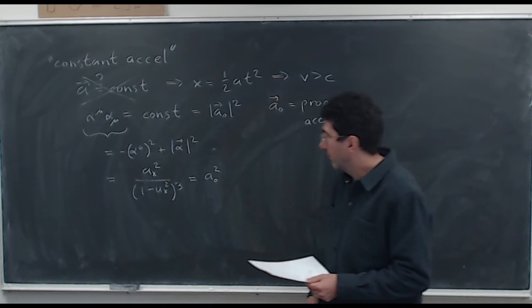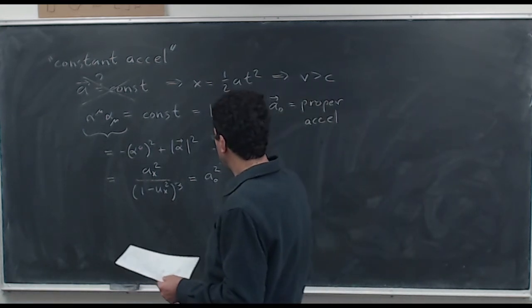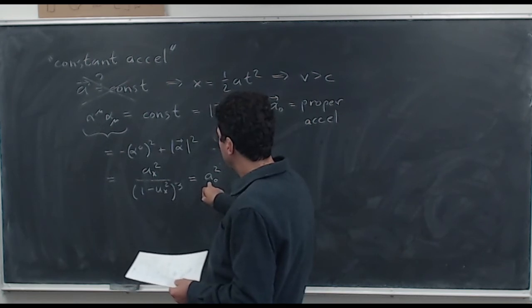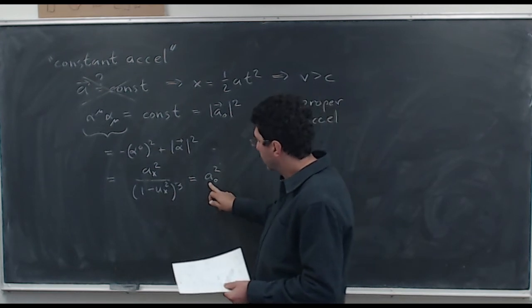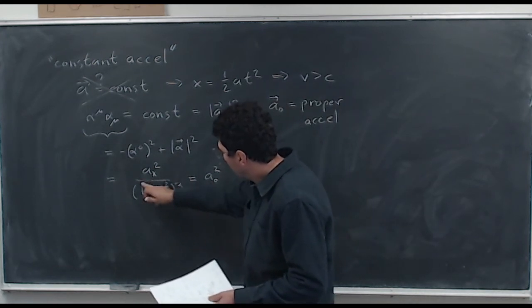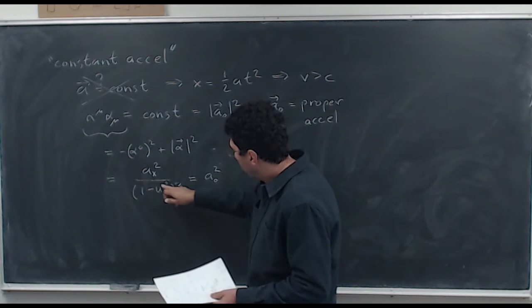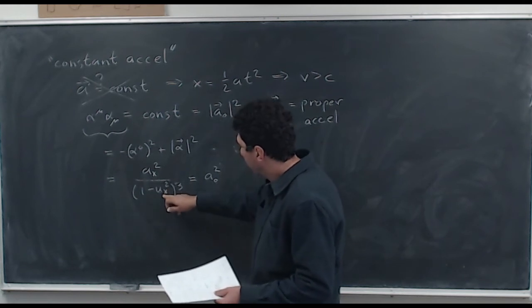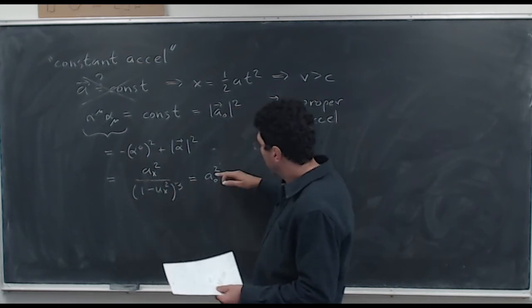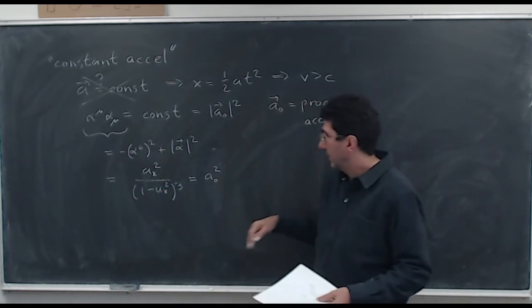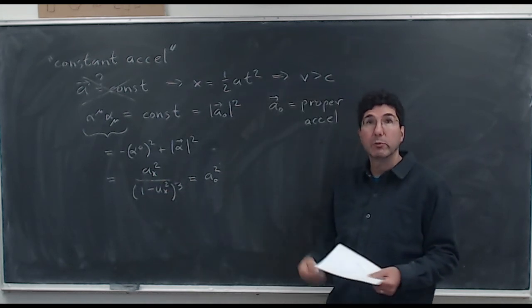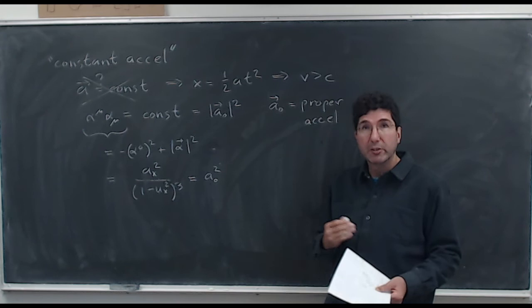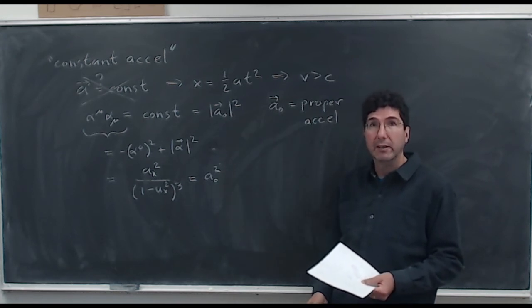One thing you see from this expression is that this is constant, but as time goes on, we expect the particle to move faster and faster. As it does, this factor becomes a smaller number in the numerator, and so if we put it over here, the acceleration is actually getting smaller the faster the particle is moving. And we'll find out that this is enough to prevent the particle from going faster than light.